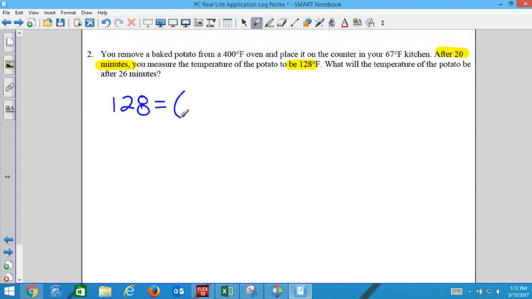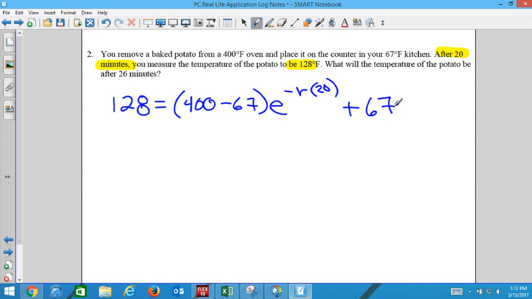What is the initial temperature of the potato? 400. You pull it out of the oven and it matches the oven's measurement until it cools. The room temperature is 67, multiplied by e to the negative, I don't know the rate, times 20 minutes, and then plus the room temperature, 67.